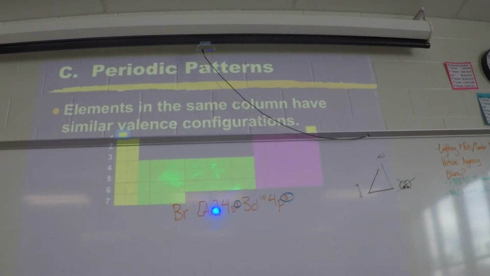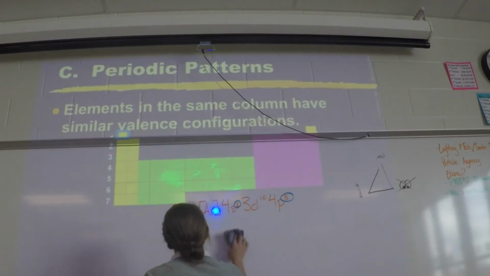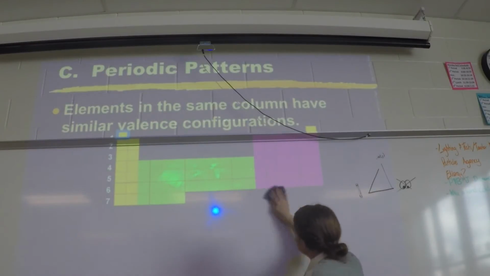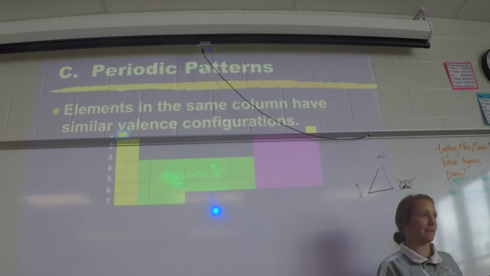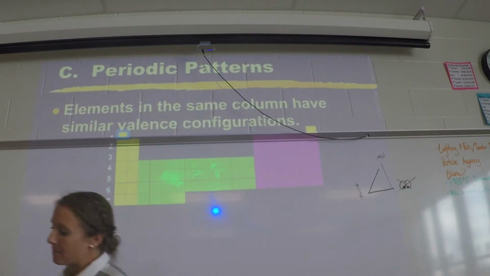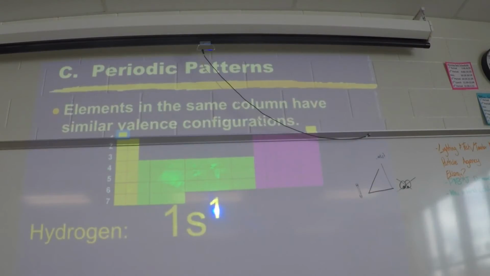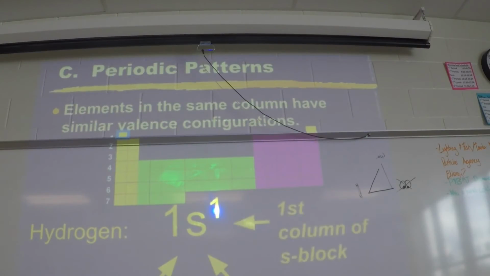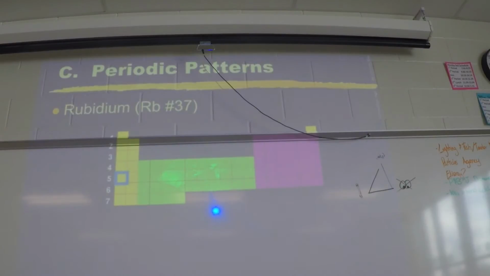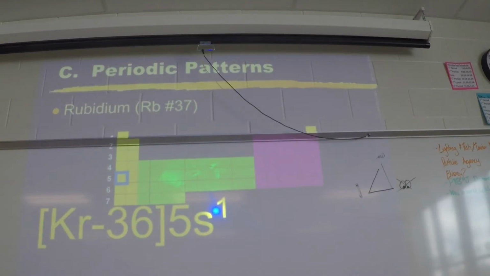All right, so another thing that we see as a cool pattern is that elements in the same column are going to have very similar valence electron configurations. For example, hydrogen we know has the configuration of 1s1. If I go down the column, let's say to rubidium, in the same family, its configuration is just 5s1.